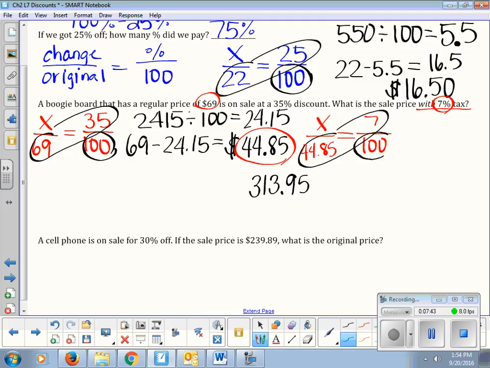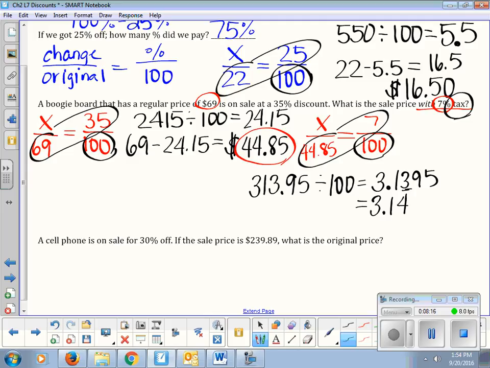And then we divide that by our leftover number, which is 100. And we get $3.1395. Can we have more change here? No, our money goes 2 decimal places, so what would this round to? 3.14.